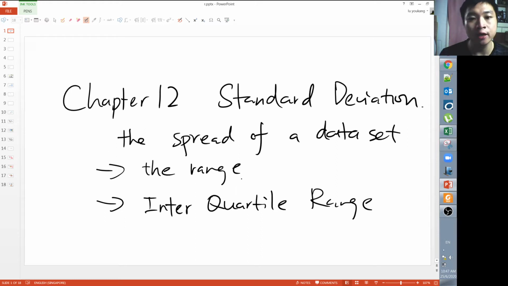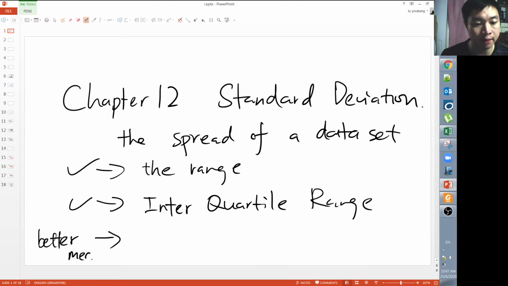But today we are going to talk about a new measure which is a better measure compared to the first two, to talk about the spread of a data set. This better measure is called standard deviation.